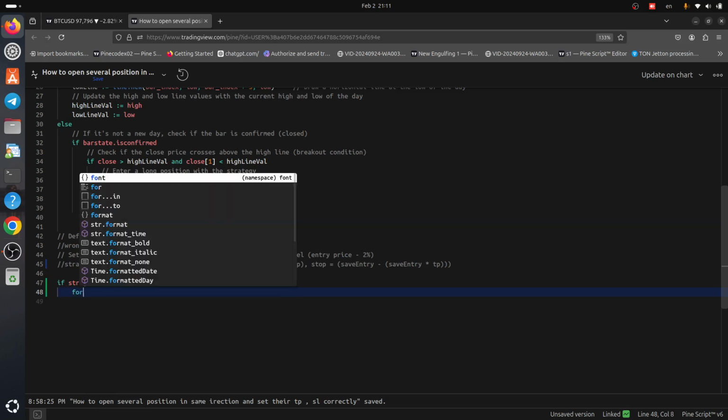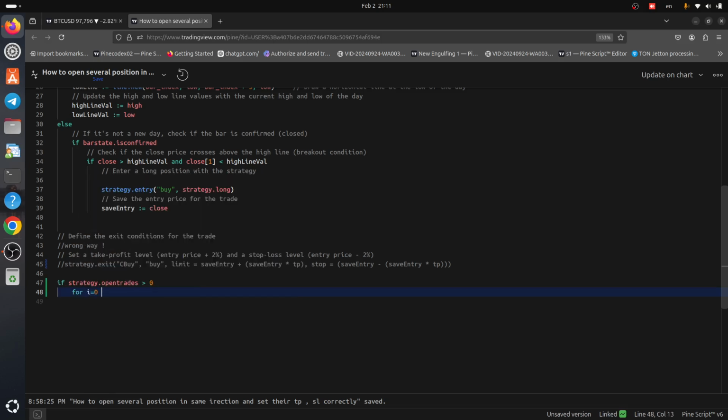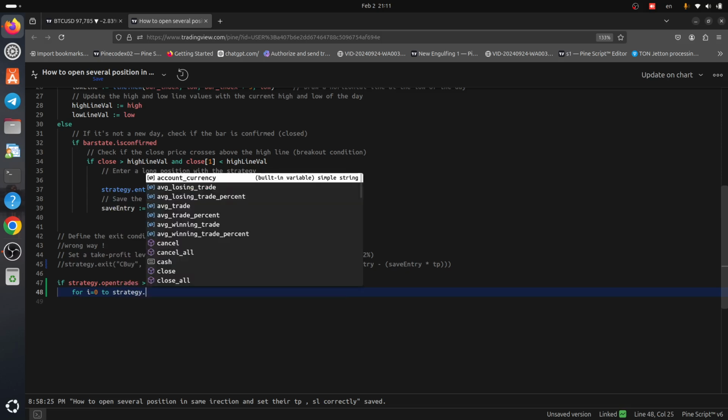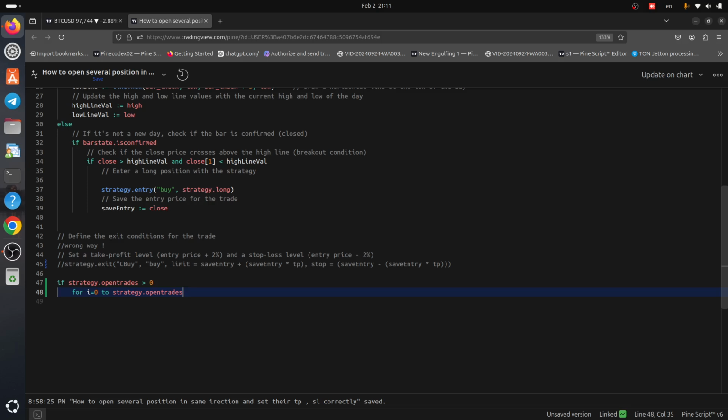For i equal to 0 to strategy open trades minus 1, it gives us the last trade number.